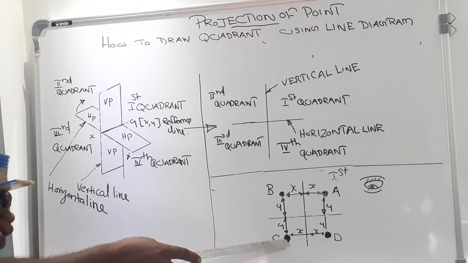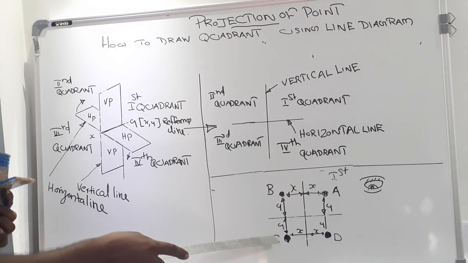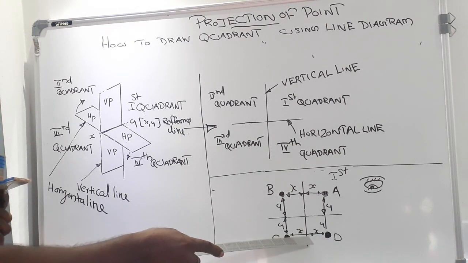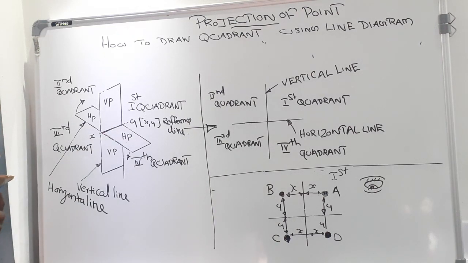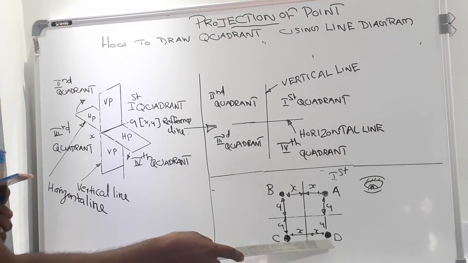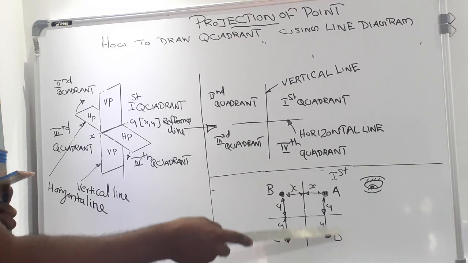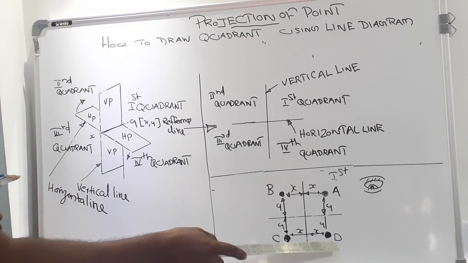Similarly, we can say that the point C is fixed in third quadrant. That is X distance behind the vertical line and Y distance below the horizontal line. Similarly, the last one, point D is located in fourth quadrant.